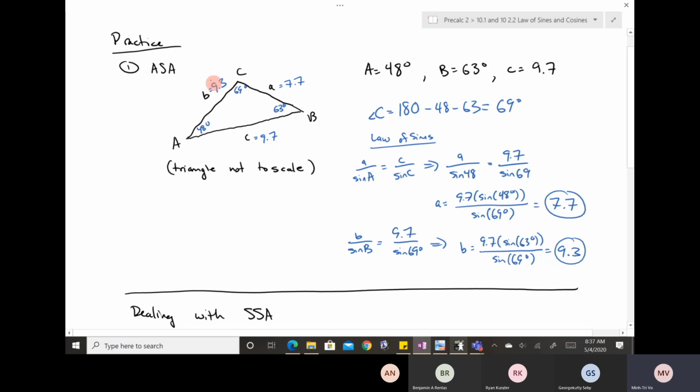So then comparing the three sides, it should be the same, right? So you see how side C is the biggest, and then comes side B, and then side A is the smallest, right? So the angles and the sides should relate to each other in this way, where the bigger the angle, the longer the corresponding side. Okay.